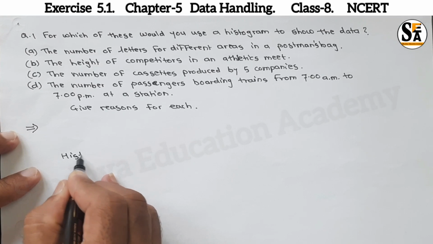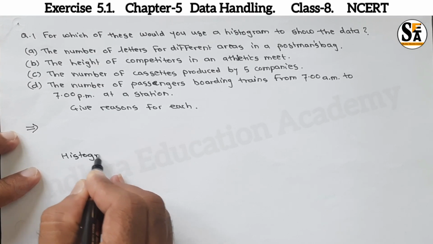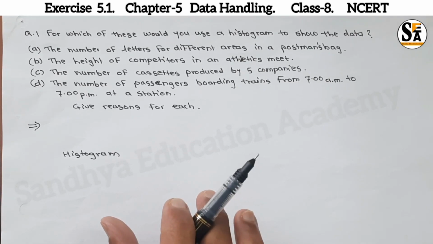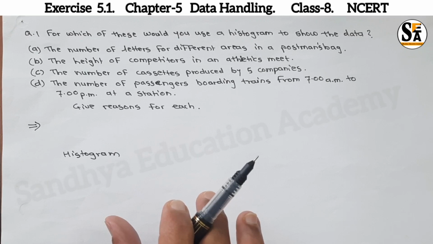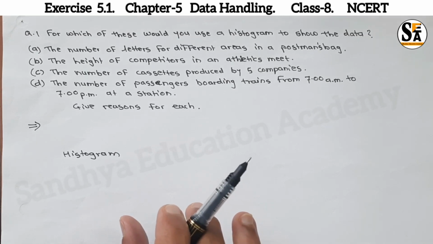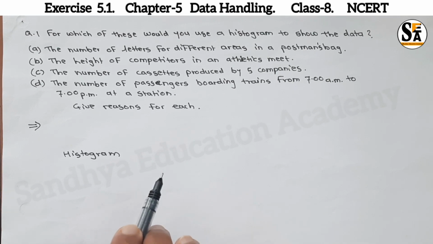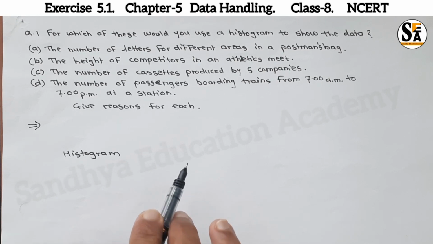Now, what is the histogram? A histogram is a type of bar graph where grouped data is shown and the class intervals have no gap. There is no gap between the bars and class intervals.